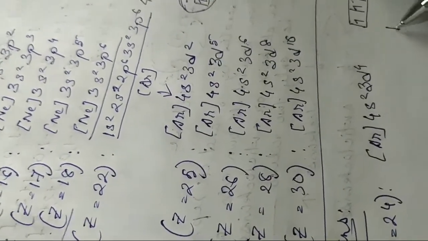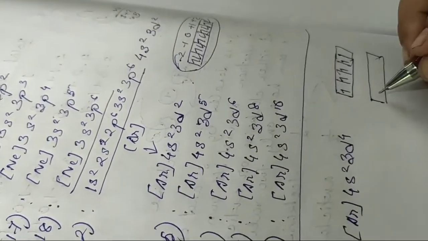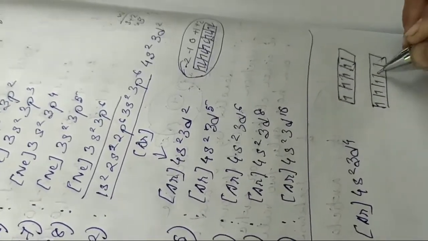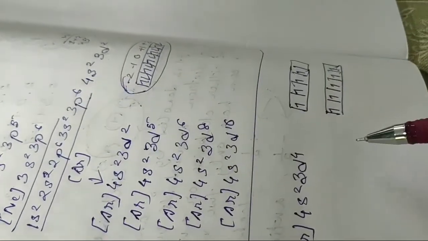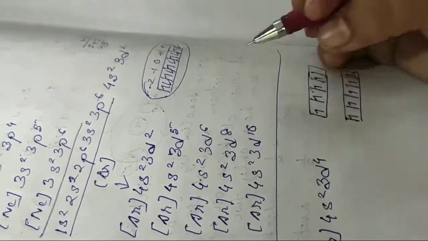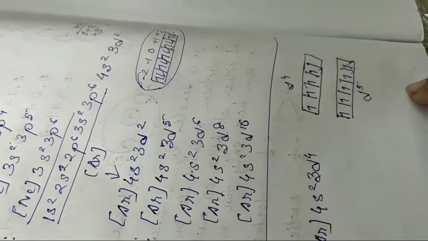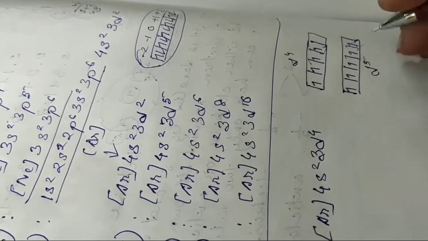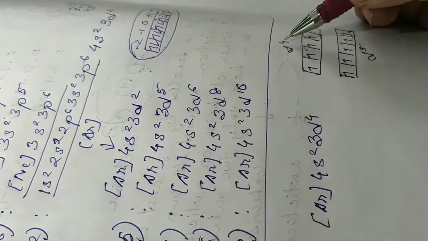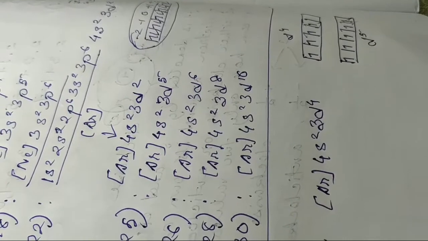But if I make it 3d5 somehow, it will be half filled. It will be completely half filled, isn't it? This is d4, this is d5. That's why this d5 arrangement is more stable than the d4 arrangement, since it is completely half filled.